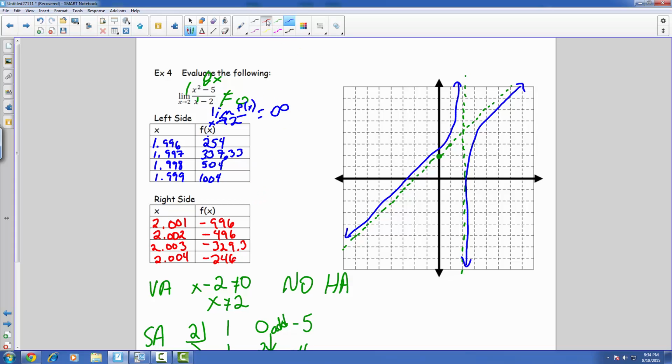Whereas as you approach 2 from the right side, we're getting closer and closer to negative infinity. So the limit as x approaches 2 from the right of our function is going towards negative infinity.